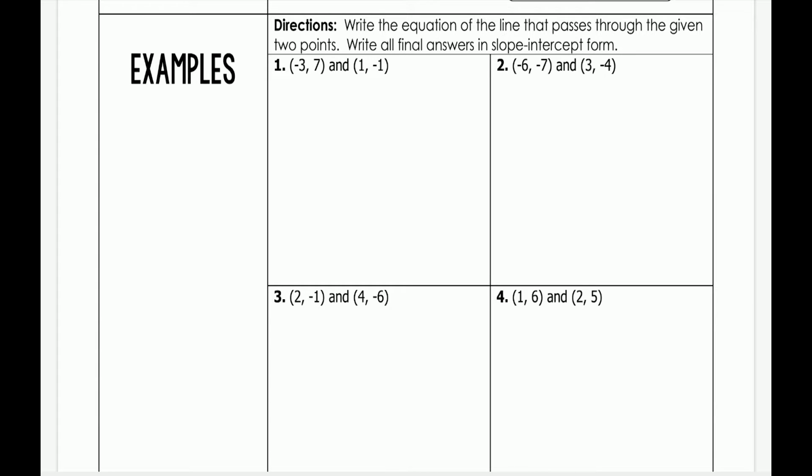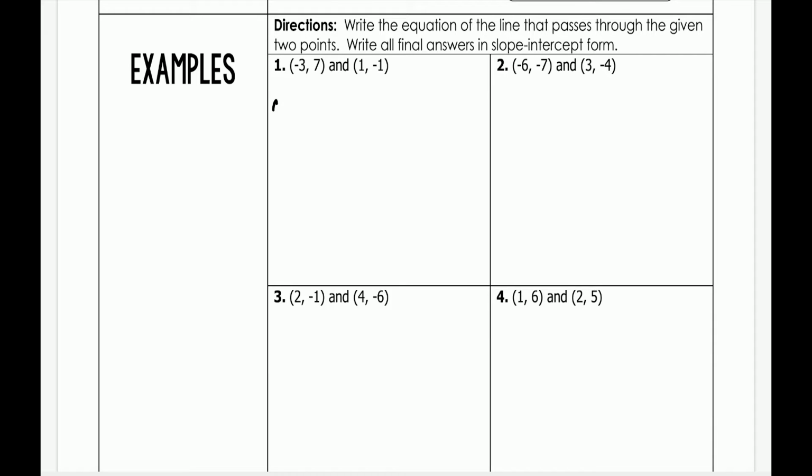With number 1, we have the 2 points, -3, 7, and 1, -1. We're not given the slope, but we're asked to find what the slope intercept form would be. So let's focus on finding the slope of this line.